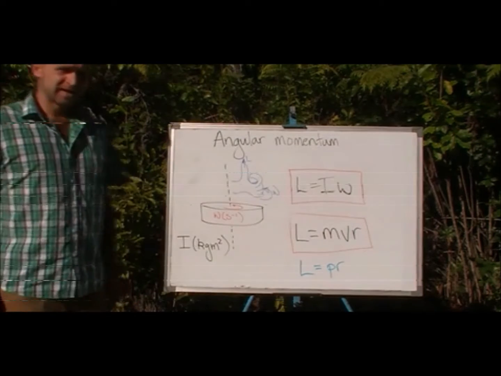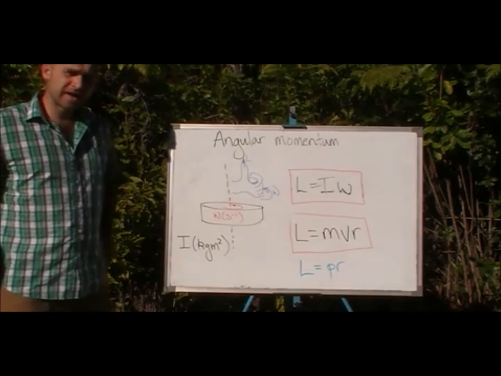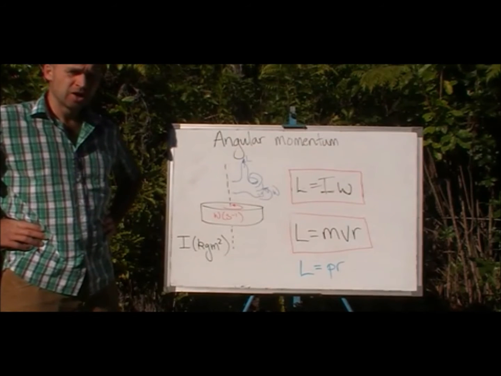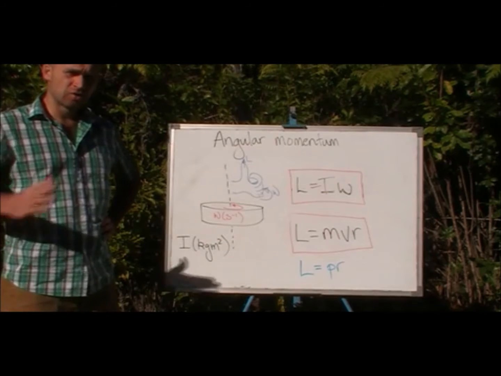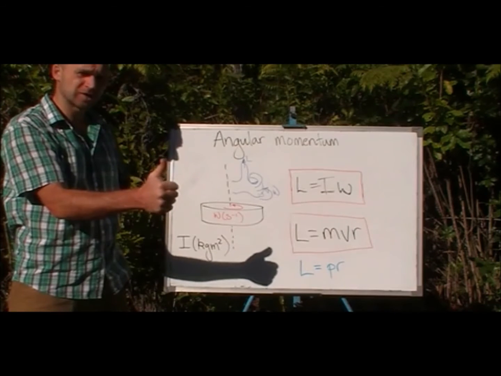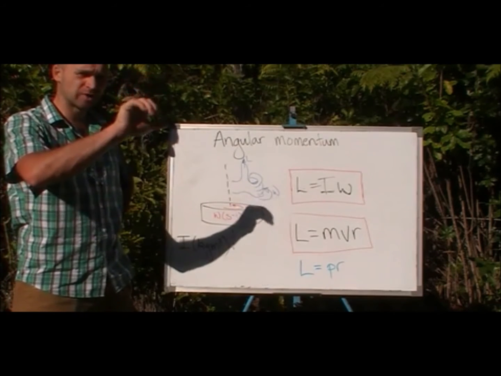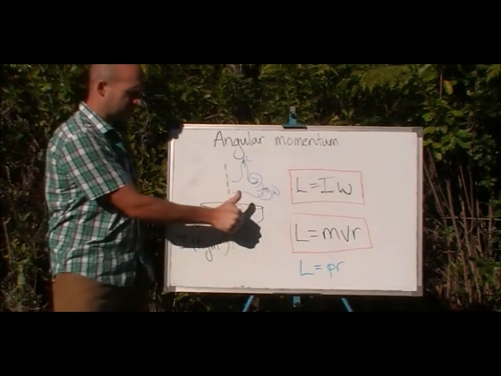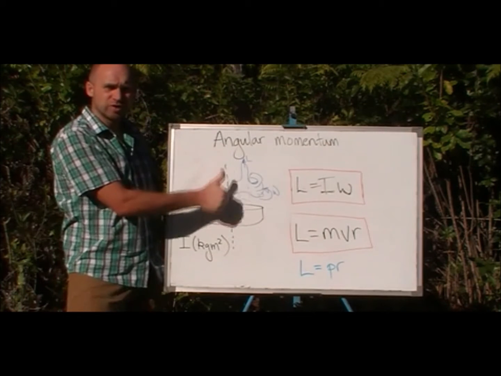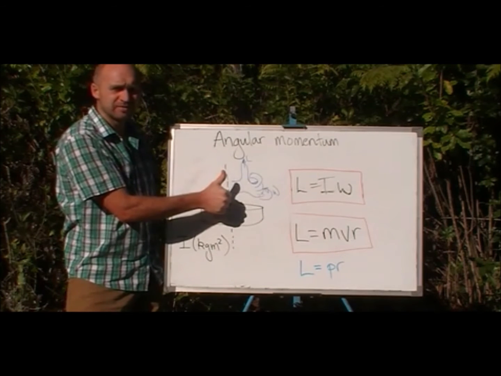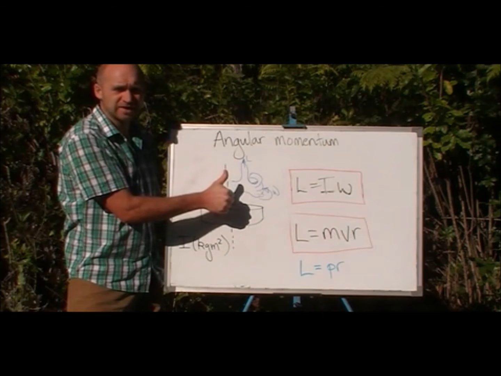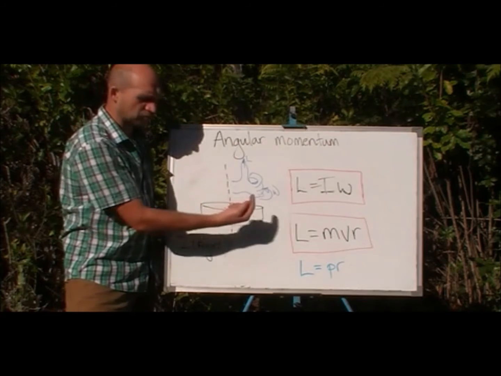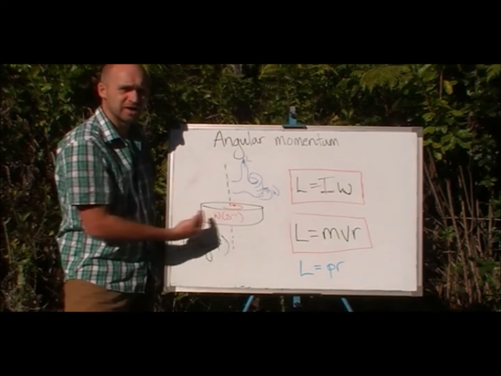Now one last thing to add is the direction of angular momentum. In fact, it's the same rule we're going to use to find the direction of any rotating body, and that's the right hand grip rule. So get your right hand and grip those fingers, leaving your thumb poking out, and that thumb shows you the direction of the angular momentum vector, which is along the line of the axis of rotation at right angles to the rotating body.